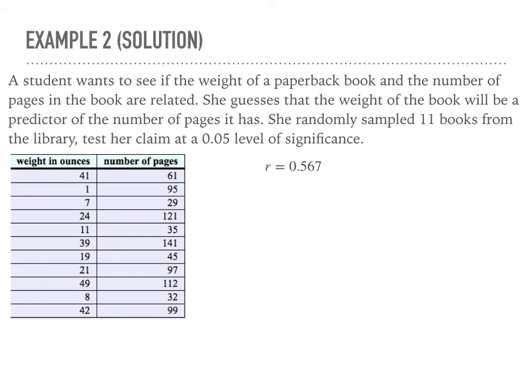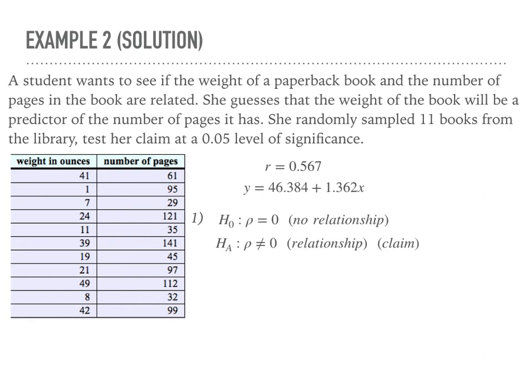This makes it look like there might be a relationship, so let's go ahead and list our regression line. Our regression line is 46.384 plus 1.362 times x. Our null hypothesis is rho equals 0, which means there is no relationship, and our alternative hypothesis is rho does not equal 0, which means there is a relationship, and that is our claim.